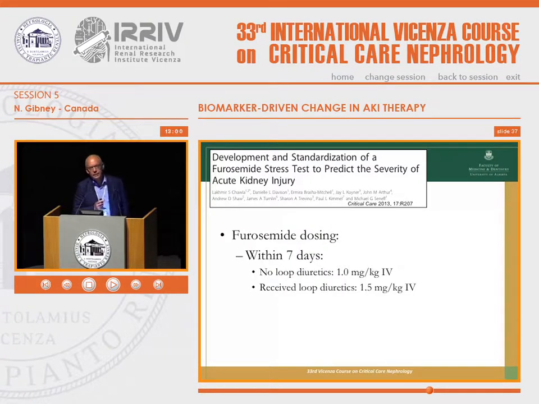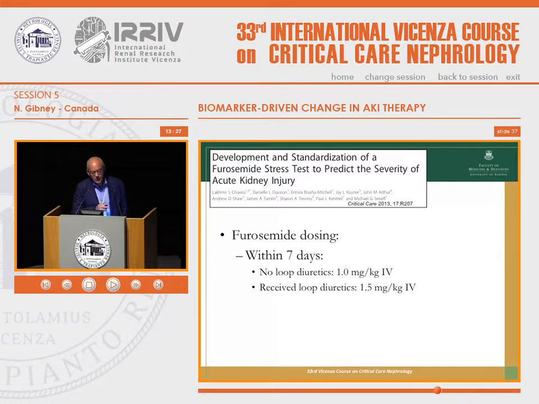The other question is, if we take a group of patients that we believe are well resuscitated by all of our standard critical care assessments and criteria, and they're oliguric, have they had a significant acute kidney injury? To some extent, can we get those kidneys to work a little bit better? And can we use that diuretic as a means of predicting whether or not the patient will recover function?